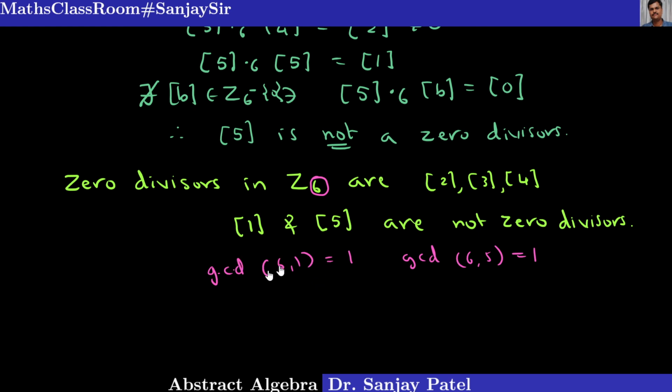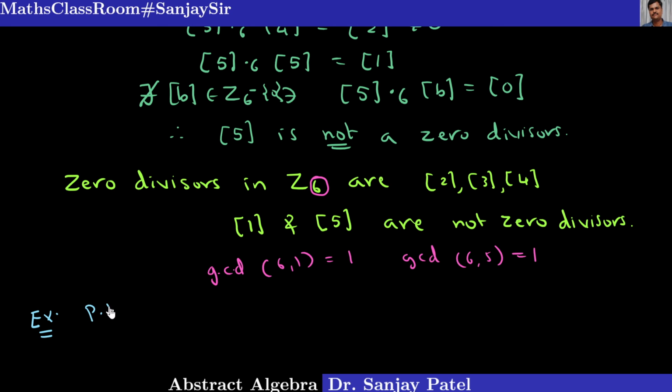So this suggests that in the set Z6, an element is not a zero divisor if it is relatively prime to 6. And not only for Z6, you can generalize this result for any value of n. Let me state a very important result as the conclusion of this lecture, as a homework.